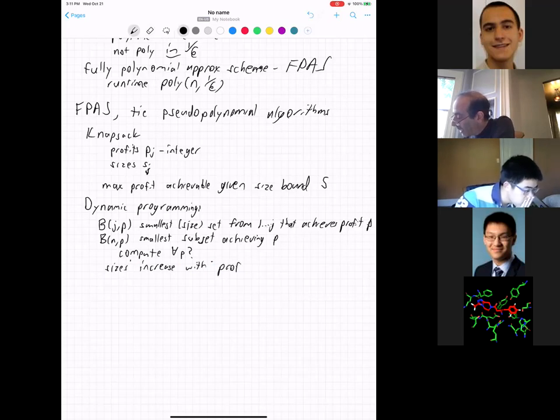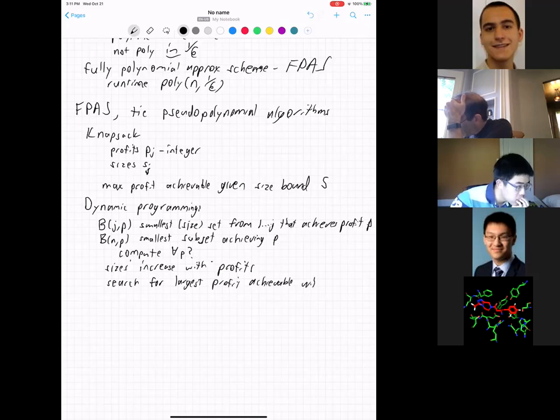So once I have this list of all attainable profits and their sizes, I can just search for the largest profit achievable with size less than or equal to S. And actually a binary search will be sufficient here.